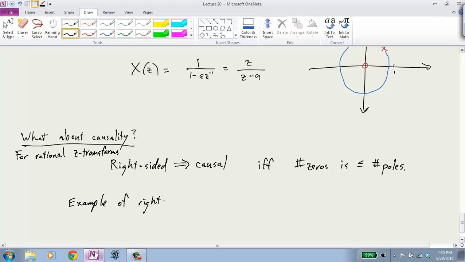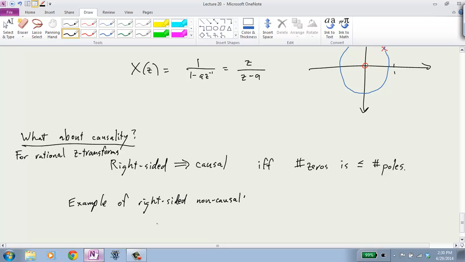First of all, let's come up with a right-sided non-causal signal. A non-causal impulse response. Just a very simple one in discrete time. Maybe the simplest one you can think of. We can work it out.